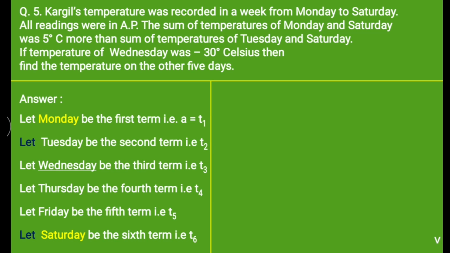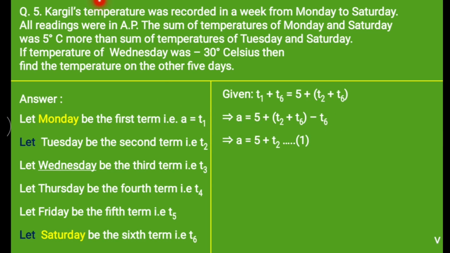So according to the given condition, the sum of temperature of Monday and Saturday. We represent Monday and Saturday by yellow color. Monday is T1, the first term, Saturday is the sixth term, so we write T1 plus T6. This sum was 5 degrees Celsius more than the sum of temperature of Tuesday and Saturday.